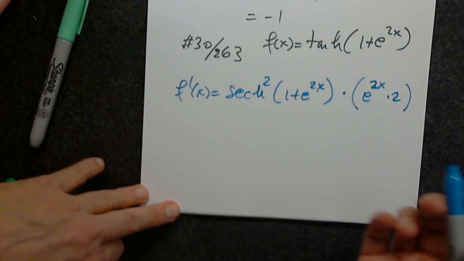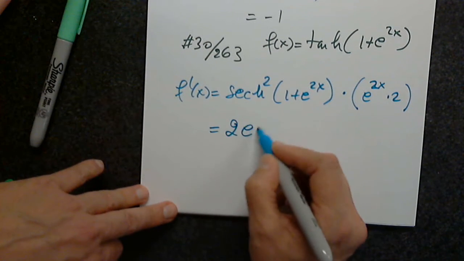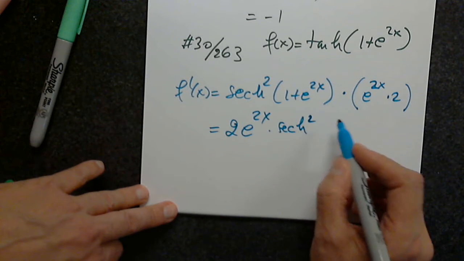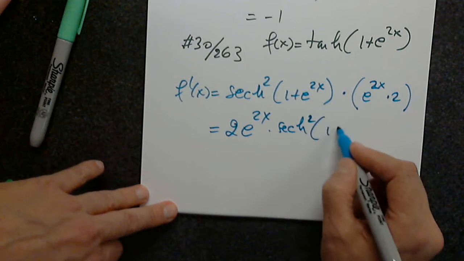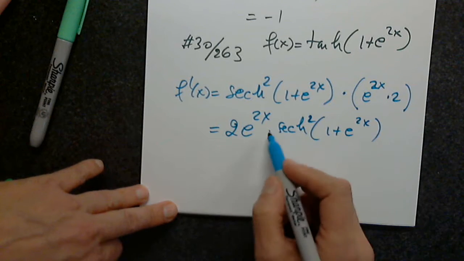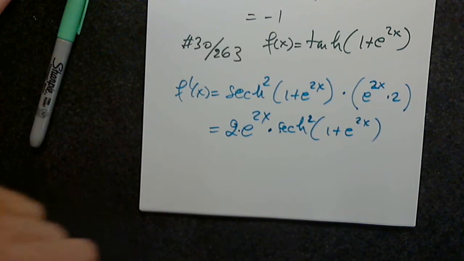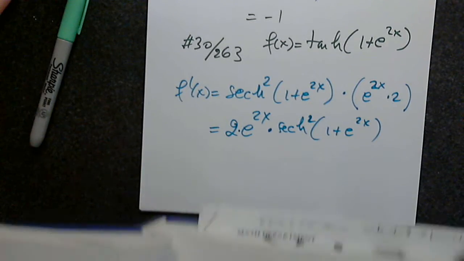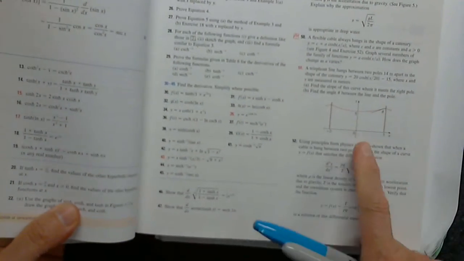And you can leave it as is or just rearrange it: 2e to 2x times hyperbolic secant squared of 1 plus e to 2x. Okay, let's look at a word problem. And here it is, because I mentioned that situation.